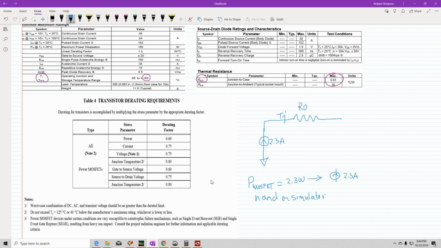And you don't want it to go higher than, here is the derating.